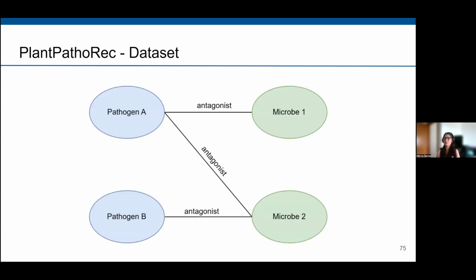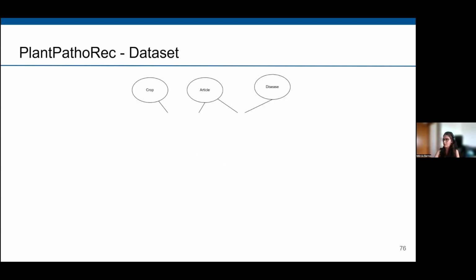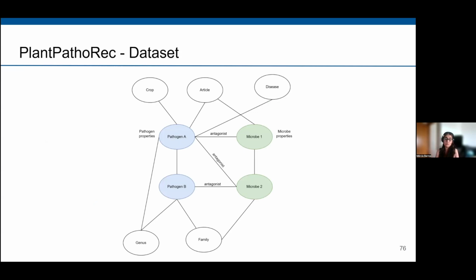For the first test, we use this bipartite graph, a very simple knowledge graph with pathogens and microbes as nodes and the edges just as the relation antagonist. But the idea, and we have this information, we just need to perform the tests, is to create this large knowledge graph where we will have the pathogen, the microbe, but also the crop, the article, the disease, and also the taxonomy, the genus, the family, all the taxonomy for both pathogens and microbes.